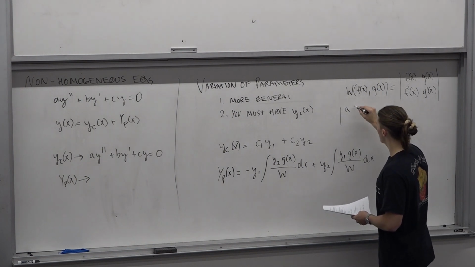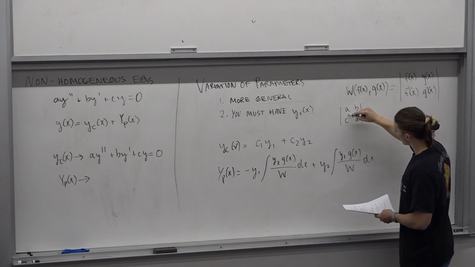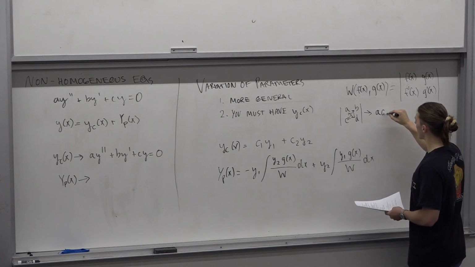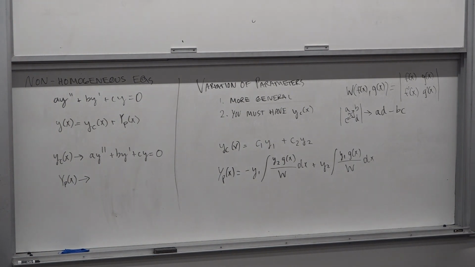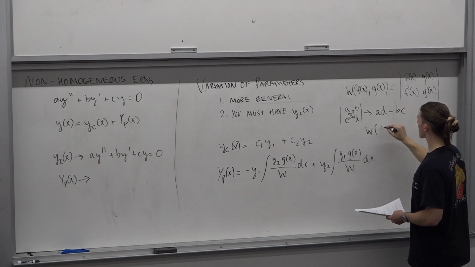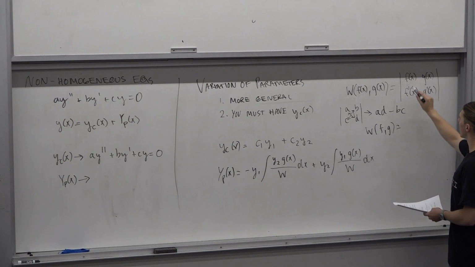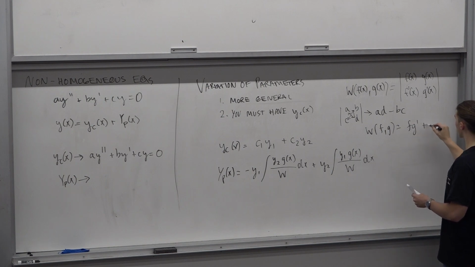When we have a determinant a, b, c, d, you multiply the diagonals and subtract them. So we have a times d minus b times c. In the case of the Wronskian for two functions, f and g, we have f times g prime plus g times f prime.